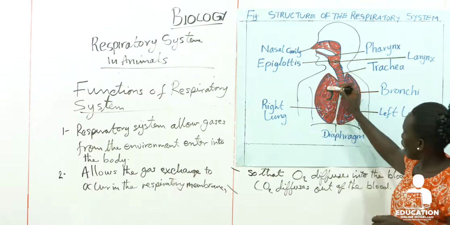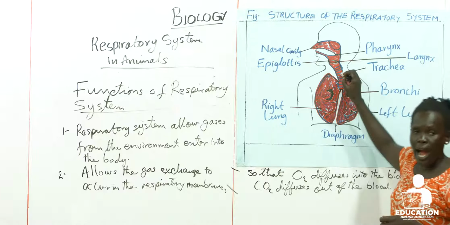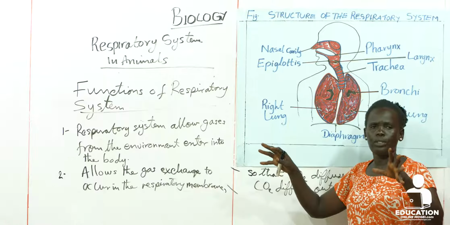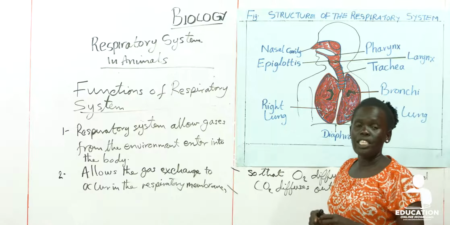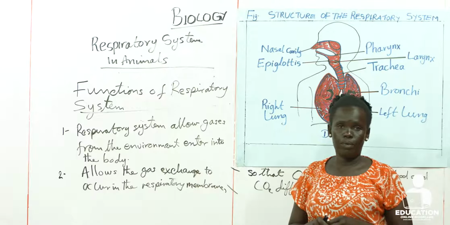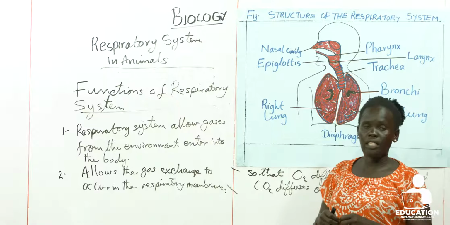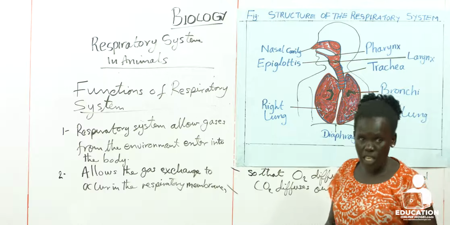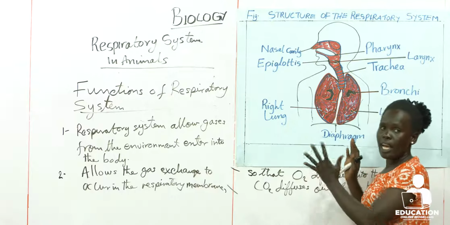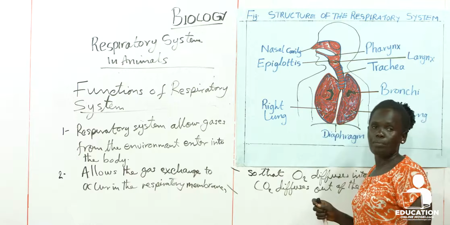Then the blood will carry the oxygen to the heart to be pumped and reach the rest of the body parts. After the oxygen is exhausted by body cells, the carbon dioxide is also brought by that blood back to the lungs here.